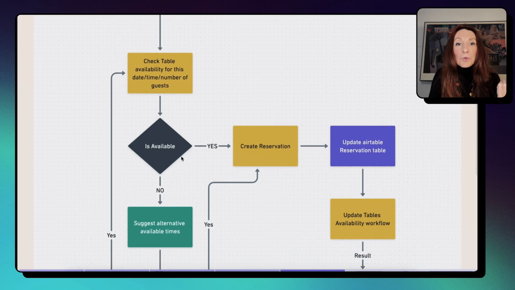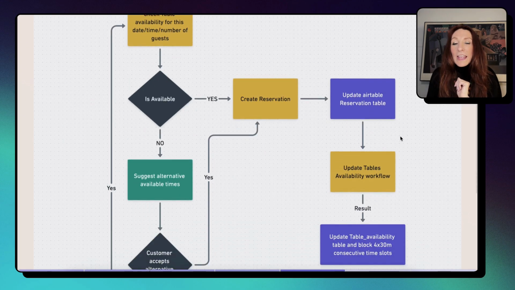If it's available, it will create a reservation, and so we have another tool which will create the reservation in N8N. It's another workflow, so it will call the new workflow in N8N, and this will communicate with Airtable and update the reservation table in the base in Airtable.